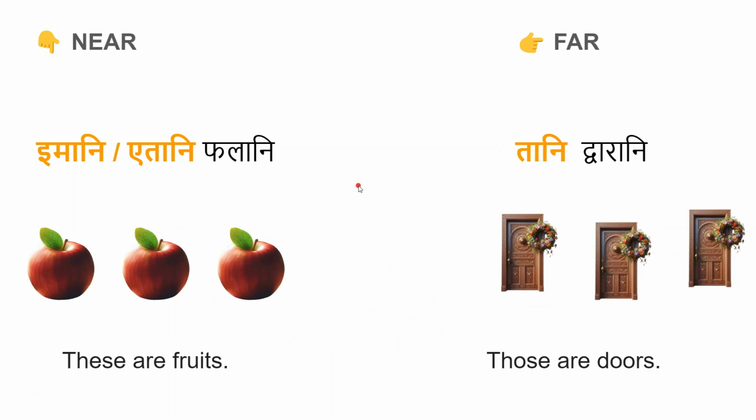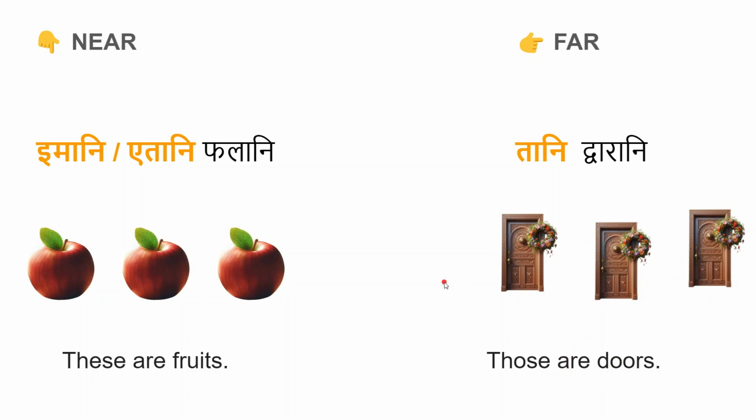When there are more than two objects near you, you can say imani phalani, or you can say etani phalani. When there are three doors, three objects away from you, you can say thani dwarani. Those are doors.